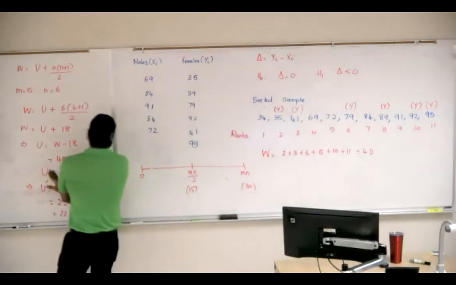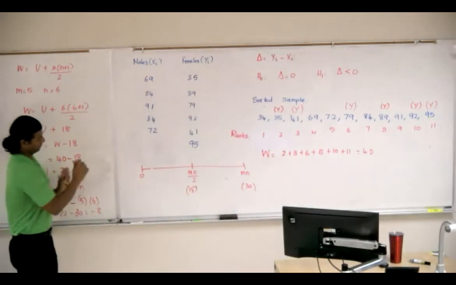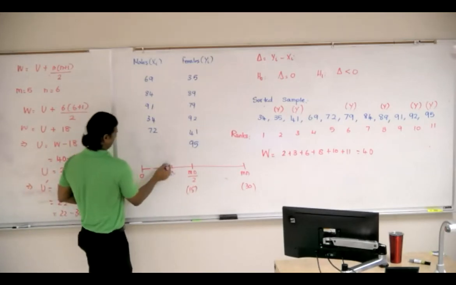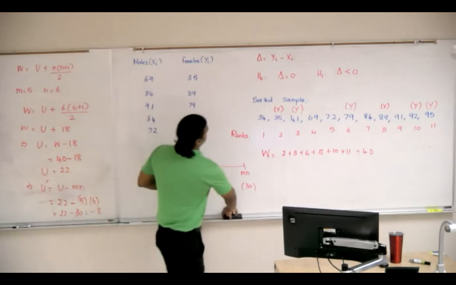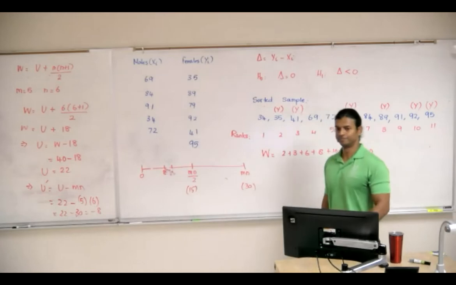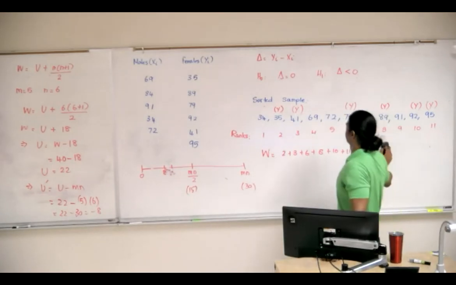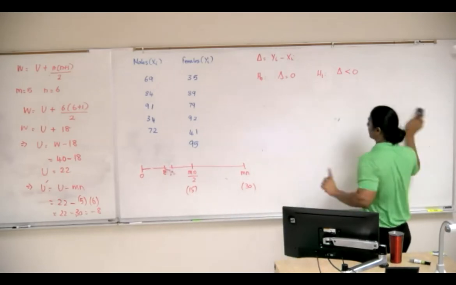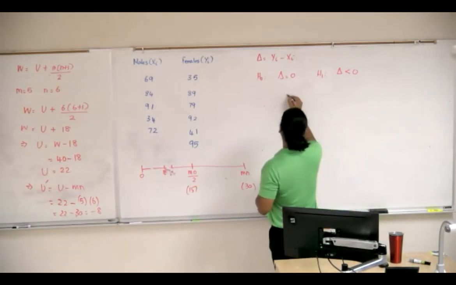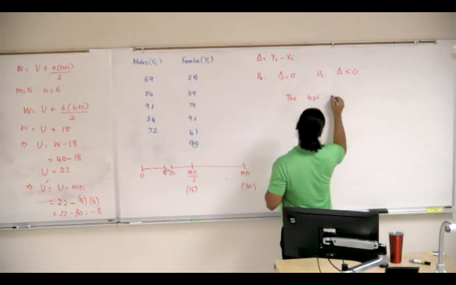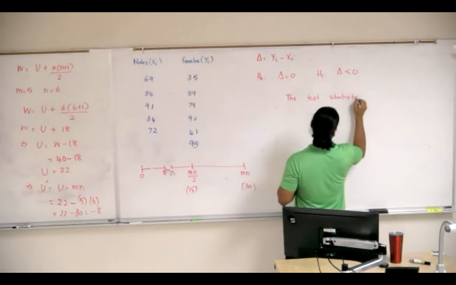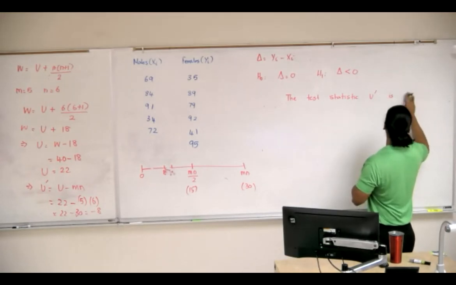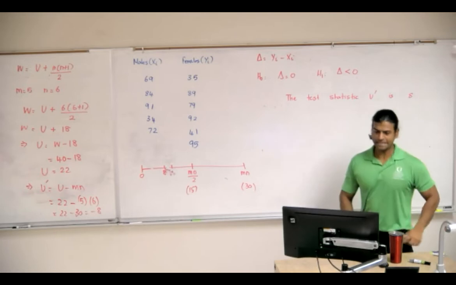On the negative side, if it is negative 8, positive 8, right? So 8. Good. So finally, we found the test statistic U prime is 8.